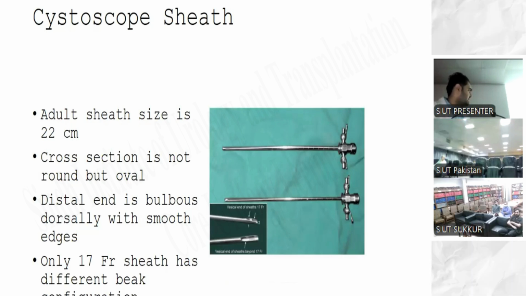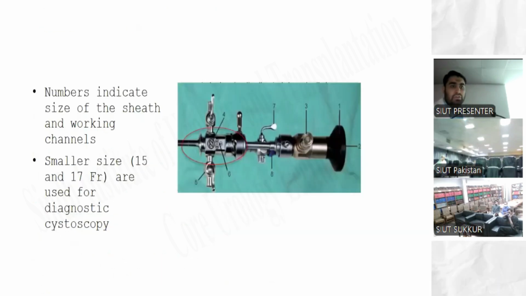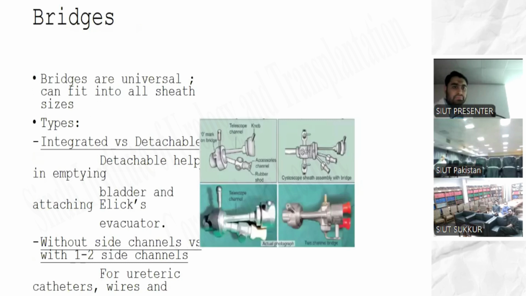While the sentinel French sheath has a different beak configuration, it hasn't got any groove for aggregation of fluid, increasing in size to 19 FR or 22 FR. This is again as I described regarding the size of the sheath and the number of ureteric catheters that can be introduced.